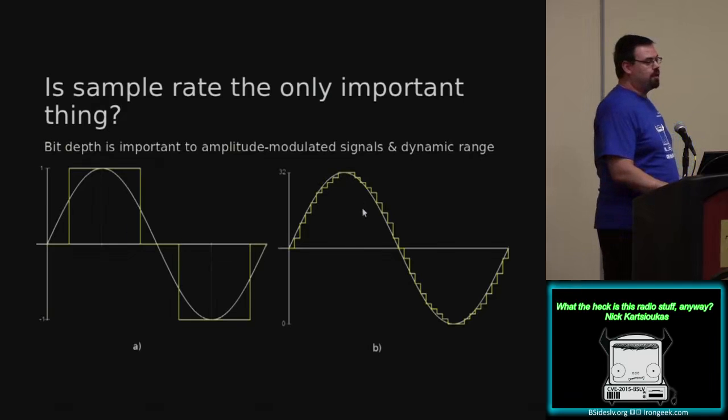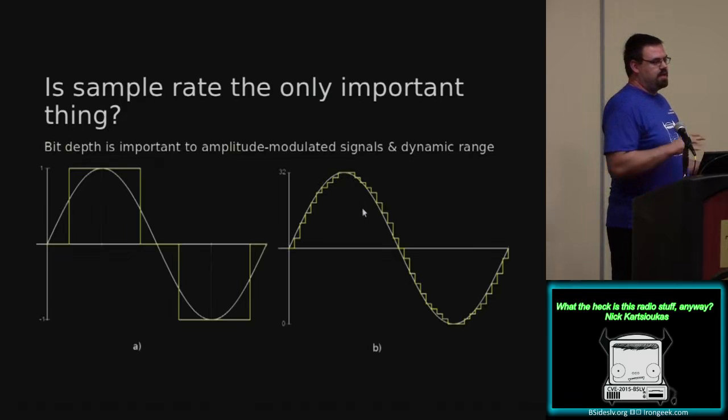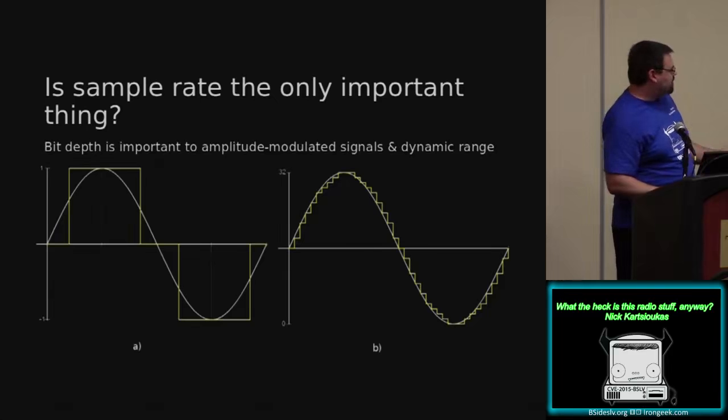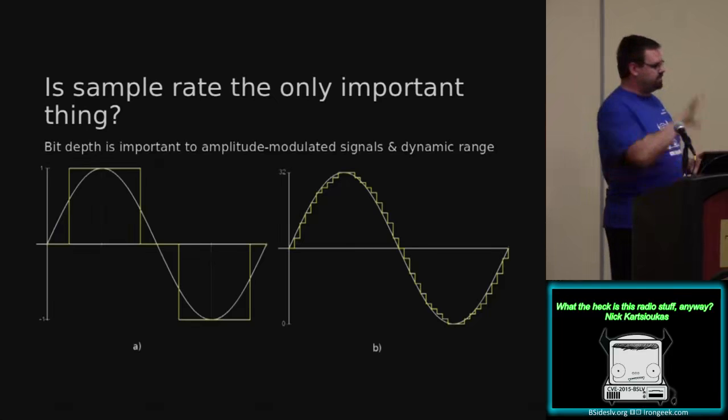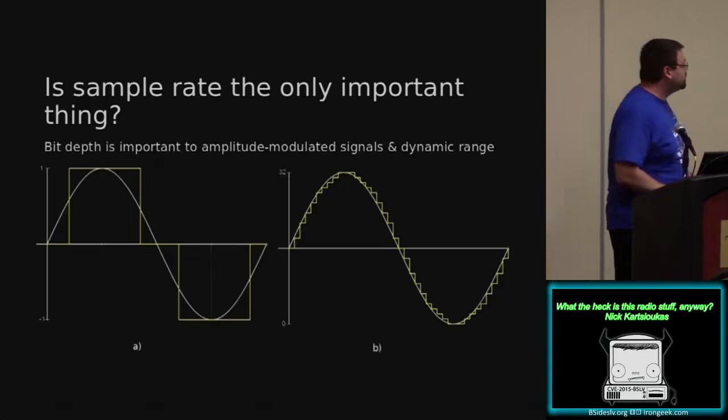Something else that's important is what's known as dynamic range, which is the difference between two signal strengths that you can resolve. So if you have a really strong signal and a really weak signal, if you don't have enough data stored for each sample, then you're not going to be able to see that smaller signal when that large signal is maxing out your bit bucket, basically.